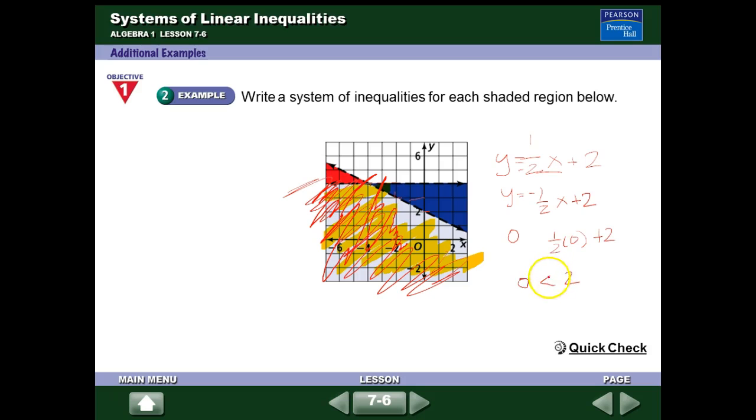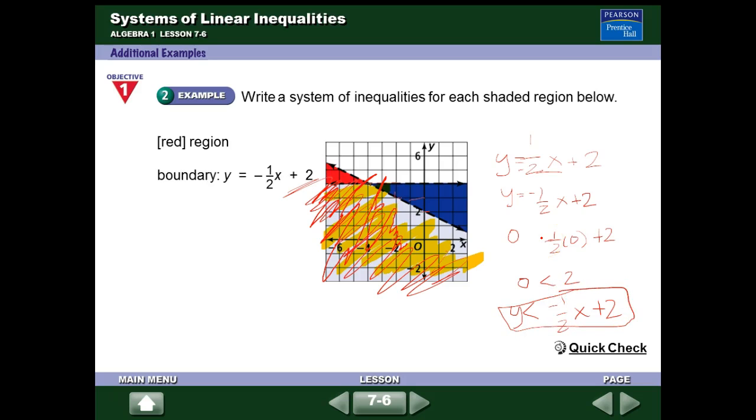So 0 is less than 2 tells me which way, so I can rewrite this as y is less than negative 1/2 x plus 2. Here's my first inequality. As you can see here, they found the line as well. They knew the boundary is y equals negative 1/2 x plus 2, and we found that out. They tested a point, and we are correct.